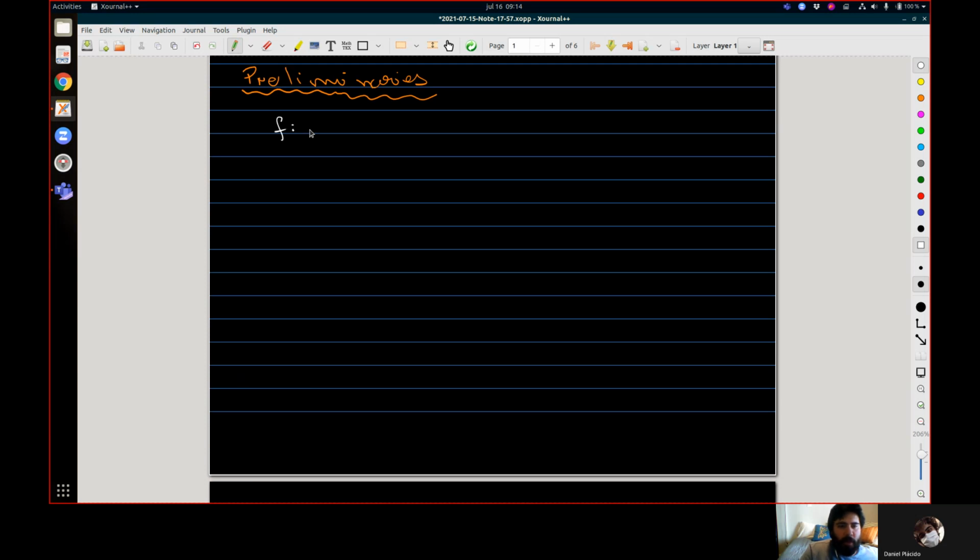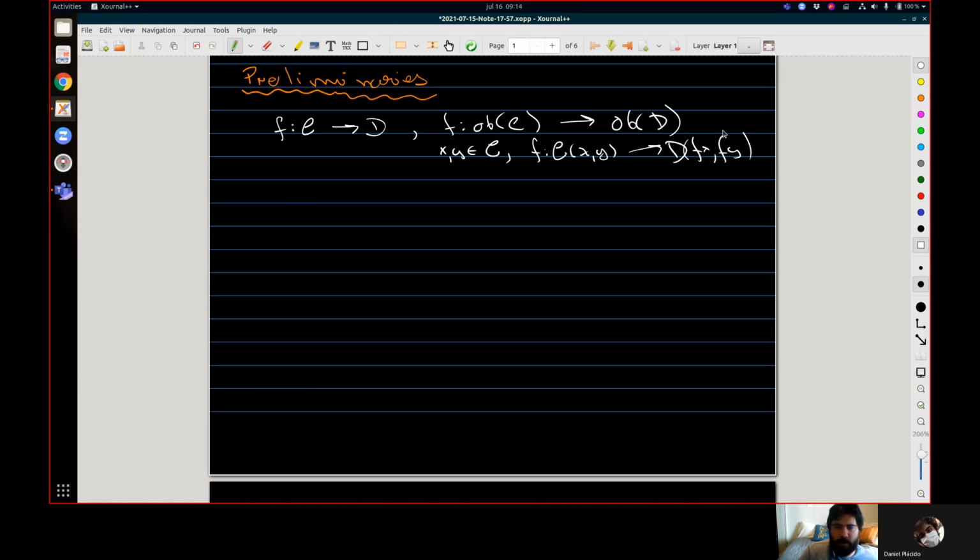Given a map of simplicial categories, that is, a map of objects, and for each x, y of C we have a morphism of simplicial sets. This is an enriched functor, a Sset-enriched functor.